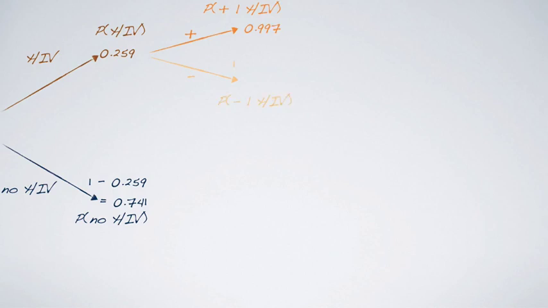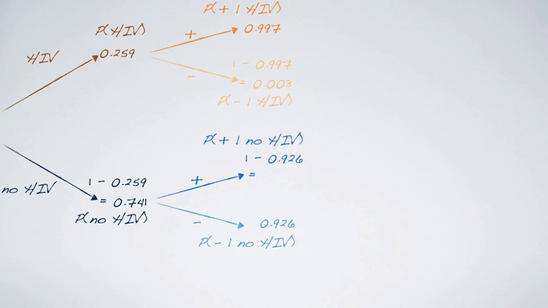Then, the probability of testing negative if someone has HIV, this would be a false negative, will be the complement of that, 0.003. Similarly, among those who don't have HIV, some still test positive and some test negative. The probability of accurately testing negative if the patient doesn't have HIV is 0.926, and the probability of a false positive, that's testing positive even though the patient does not have HIV, is the complement of that, 0.074.